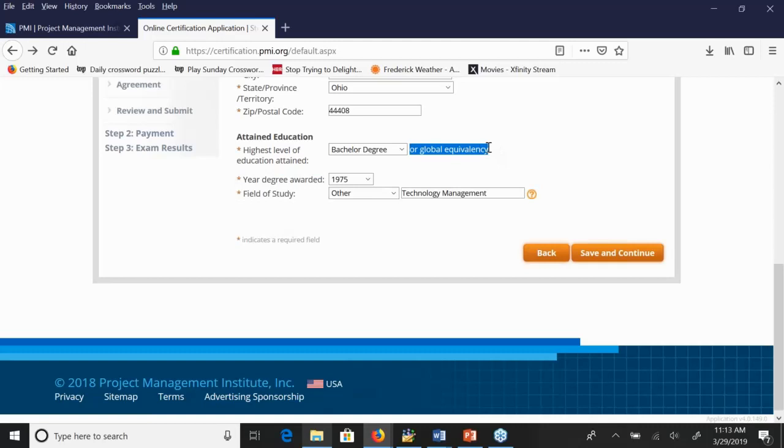If I graduated from grade 12, then yeah, you have a high school diploma or the global equivalency. If you got your bachelor's degree, but they called it something else, ta-da, that's the global equivalency.